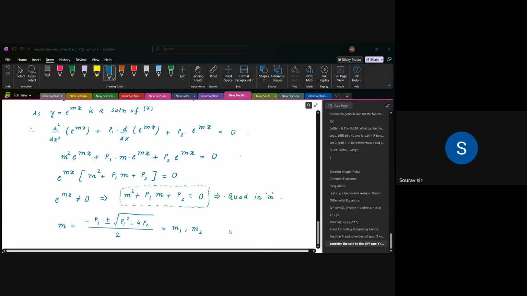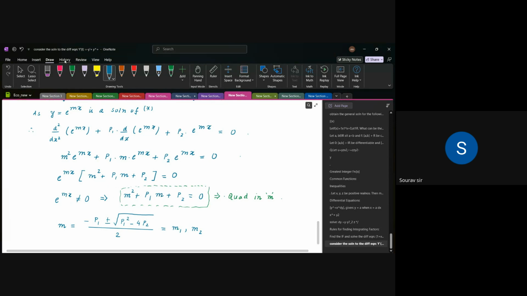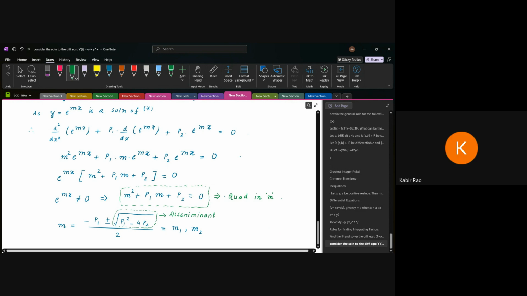Now, if you remember, for a quadratic, the nature of the solution depends upon the value of the square root part, which is known as the discriminant. Does anybody remember the cases of the discriminant? If it's greater than 0, there are two distinct real roots.